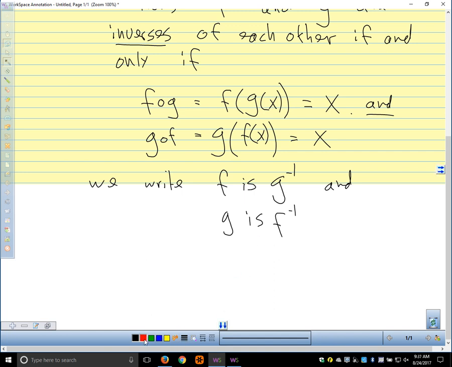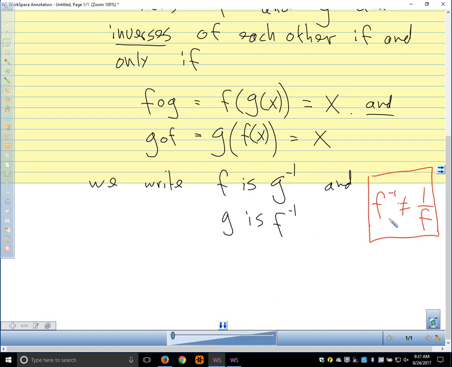I want to make it very explicit: f inverse is not the reciprocal of f. We mean it's the inverse function. It may turn out this way for a particular function. If f is x, the inverse function of x is 1 over x, but that's a special case. In general, you don't just take the reciprocal of a function to get its inverse.